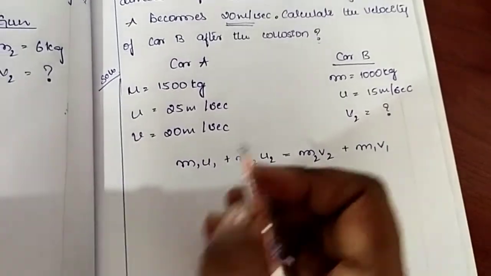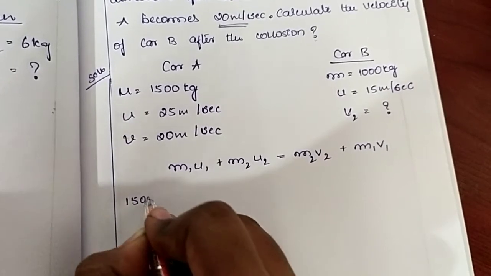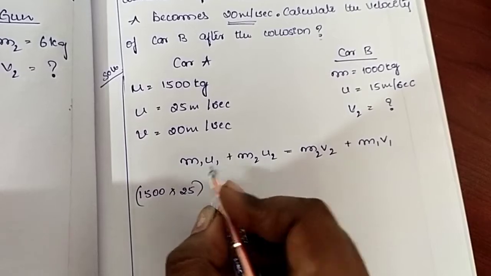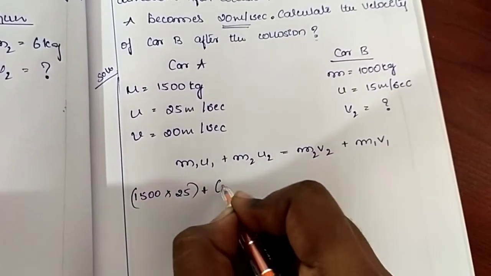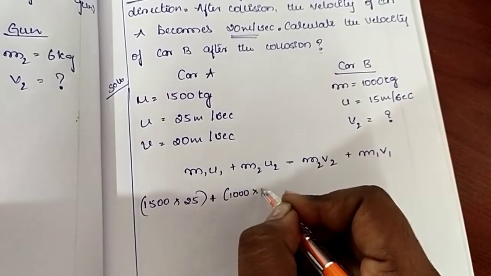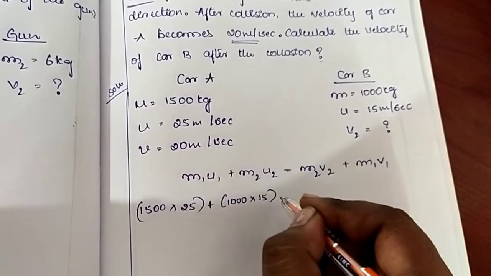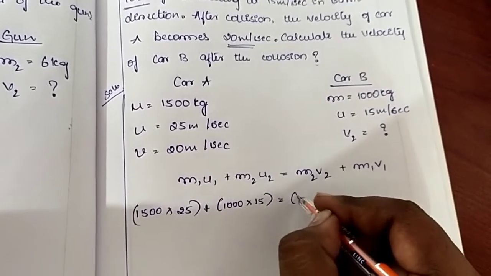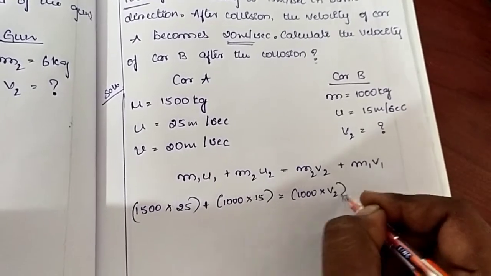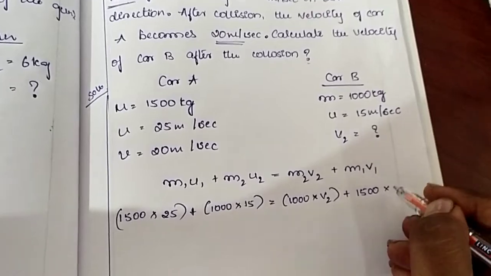So let us take it as mass 1500 into 25 plus 1000 into 15, which is equal to 1000 into V2 plus 1500 into 20.